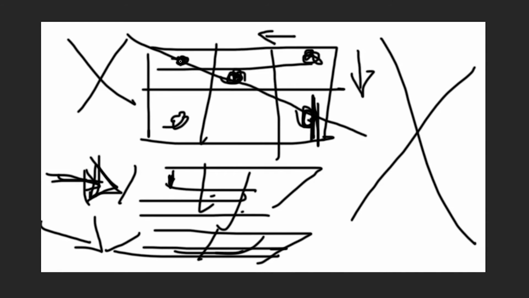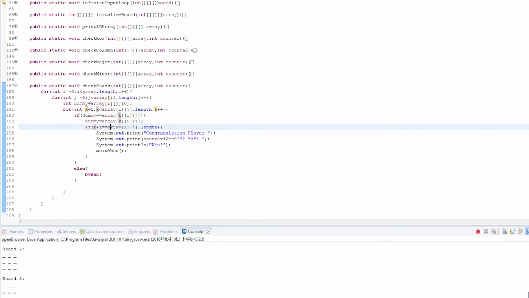So k ij, the first one, is the same as my second layer at index ij, and then my third layer at index ij. So if they're the same for the 3 rows, and because the k plus 1 equals my length, then congratulations, whatever player it is wins.